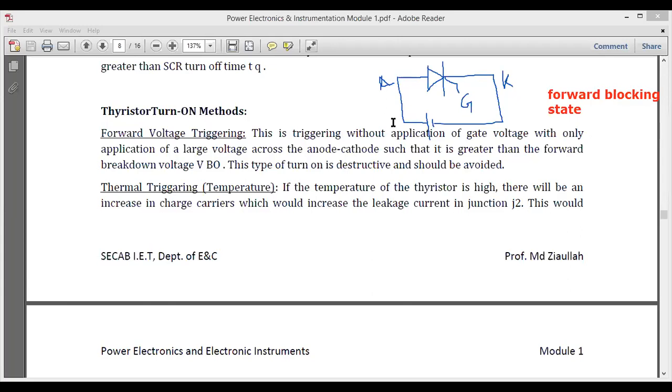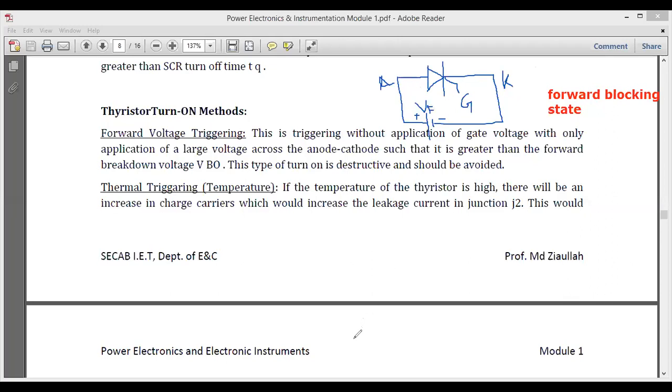Whenever I supply a voltage across the thyristor, with plus here and minus here, let me call it VF. VF is the forward voltage applied across the anode and cathode.